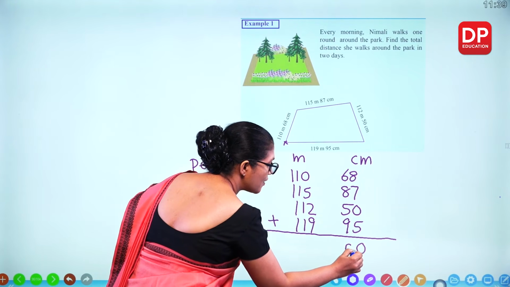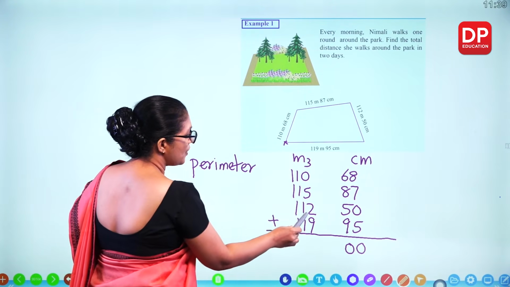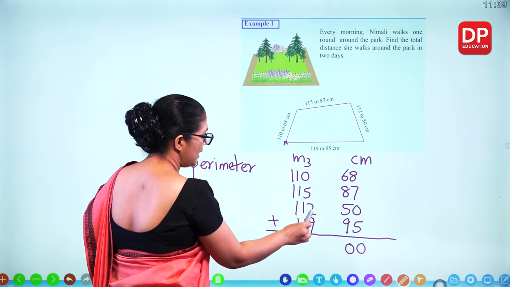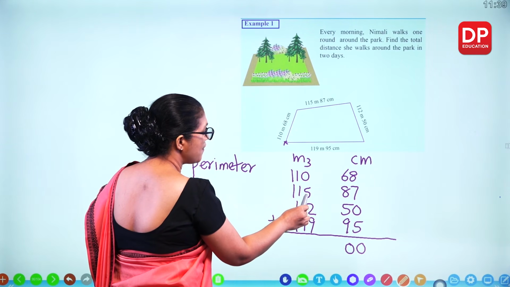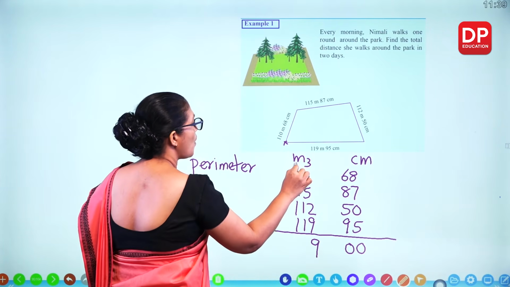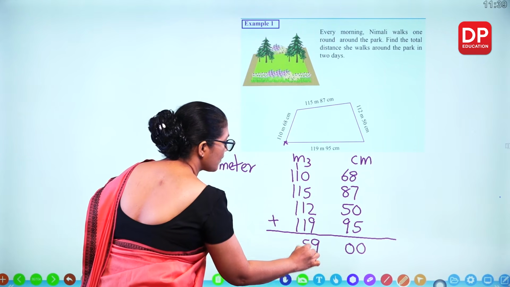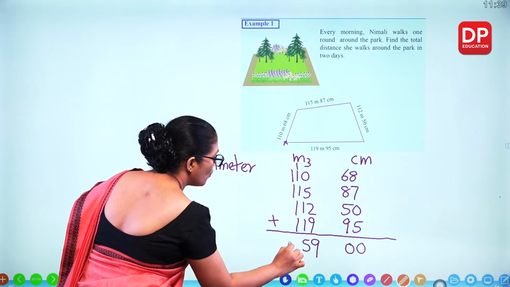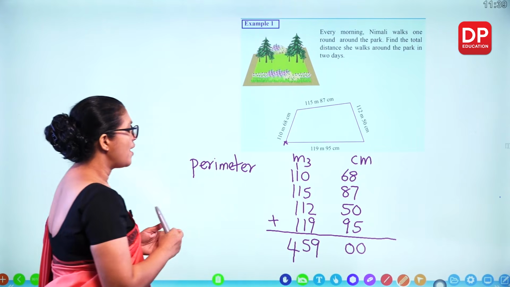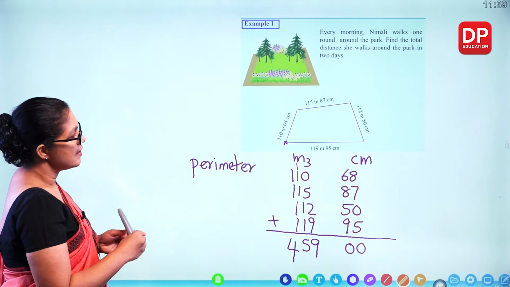So you put 0 and take 3 here. 9 plus 2, 11. 11 plus 5, 16. 16 plus 3, 19. And take 1 here. 2, 3, 4, 5. 1, 2, 3, 4. So you get 459 meters and 0 centimeters.